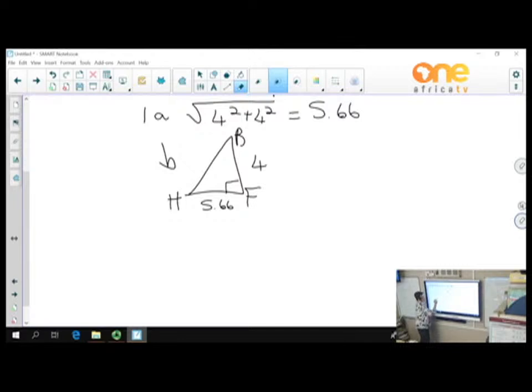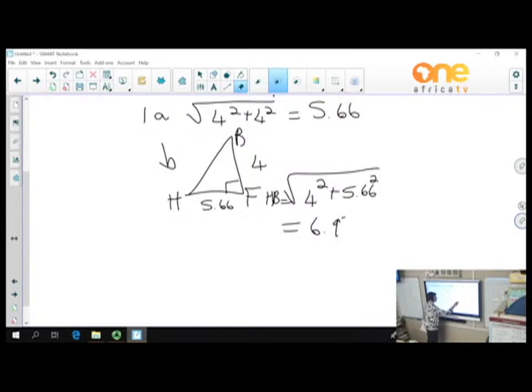So to calculate HB, this is now HB, and it is going to be 4 squared plus 5.66 squared. Right, and what do we get? 6.93.